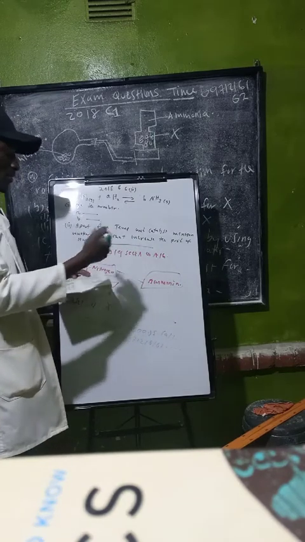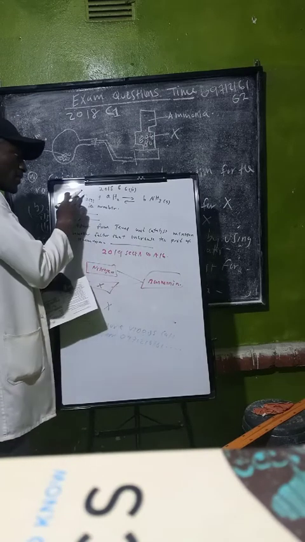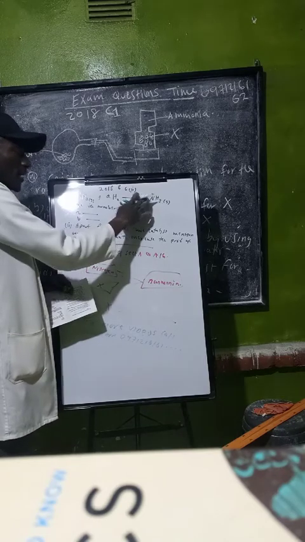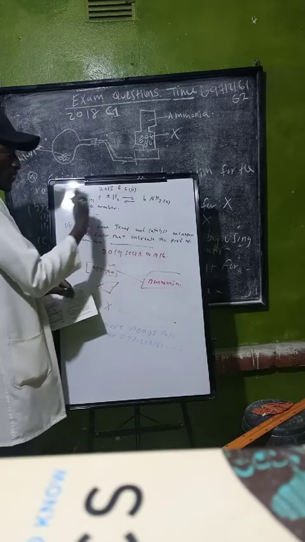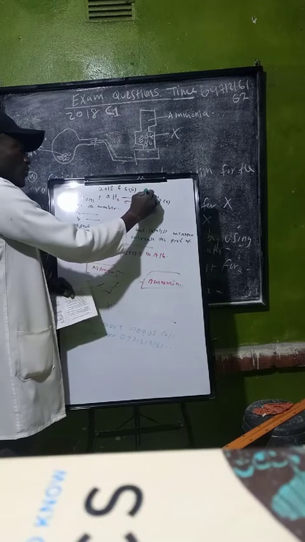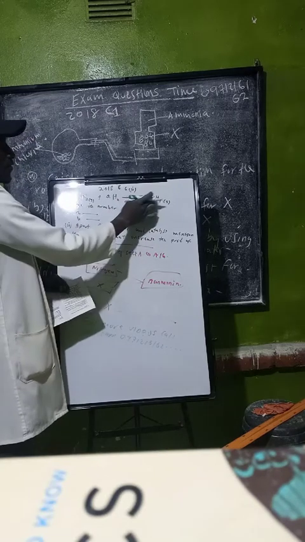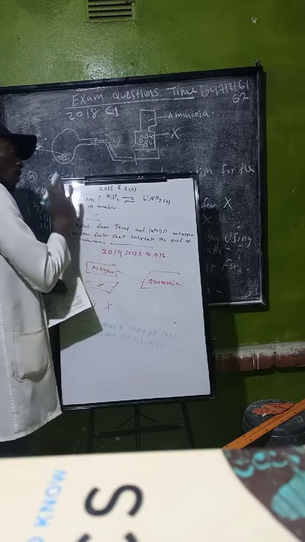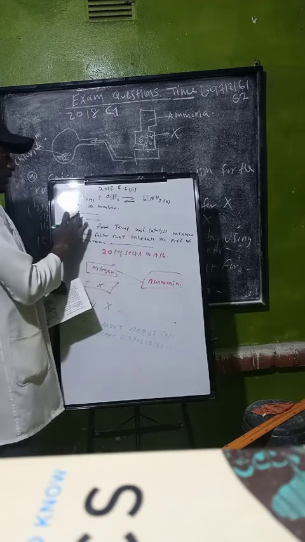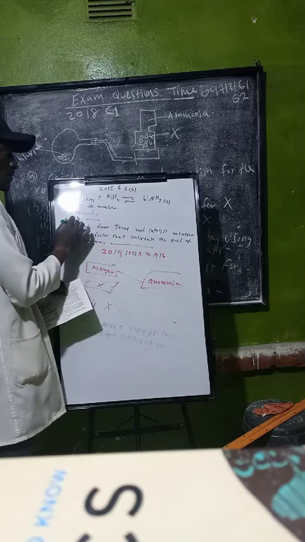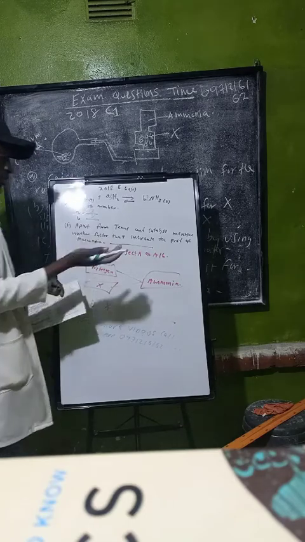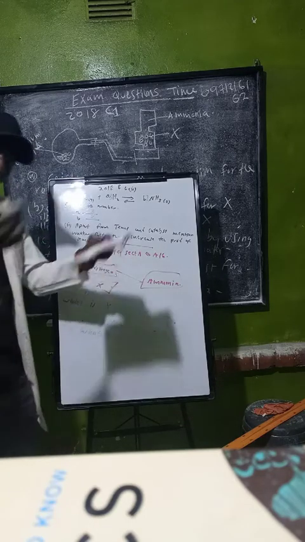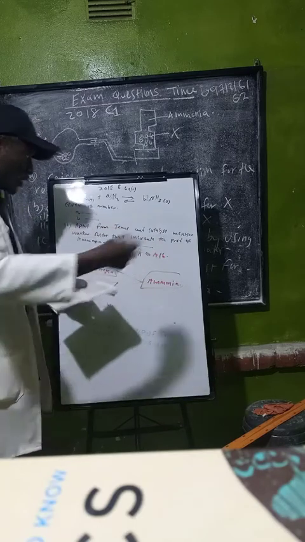Remember, we said it's about balancing. If you balance this side, you balance this side. If you put a 2 here, we have 2, we have 6. If you put a 3 here, we have 1, 3, 2. So A is 3, B is 2. That's what they want you to do, as straightforward as that. That's how questions come under ammonia.